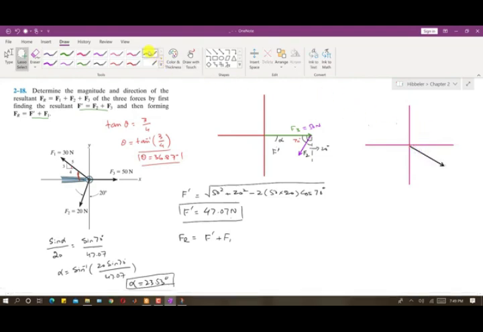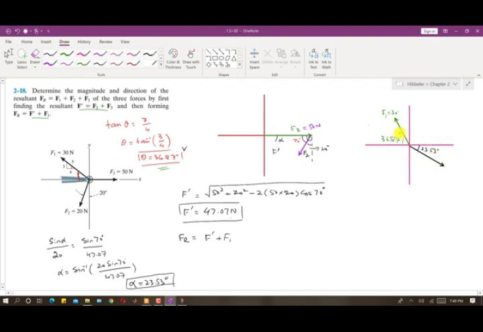So this angle is 23.53 degrees, and this F1 is making 36.87 degrees. So if we draw that F1 as well, that F1 is here, which is like this, and its magnitude is 30, right? So this is that F1, its magnitude is 30, and that angle is 36.87, right? So now we have to find the resultant of both of these.